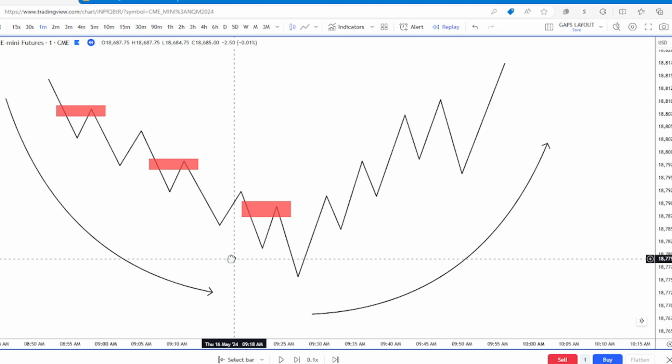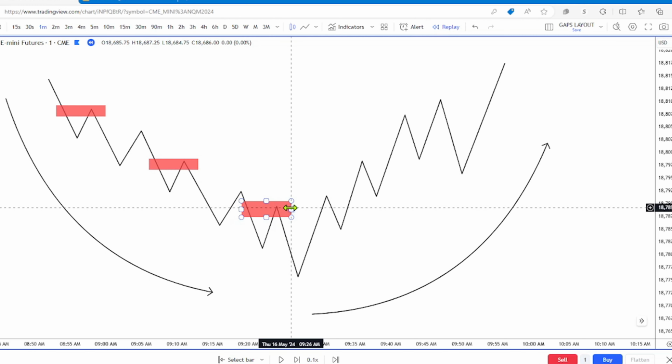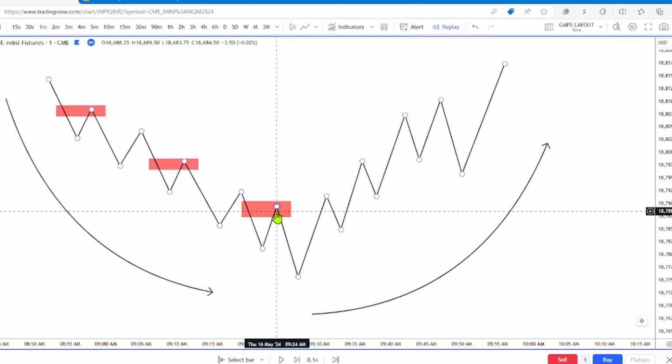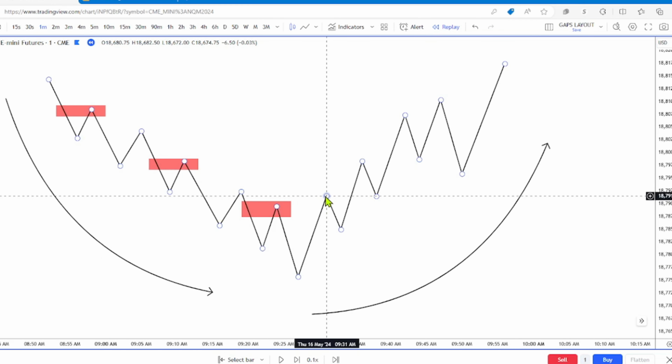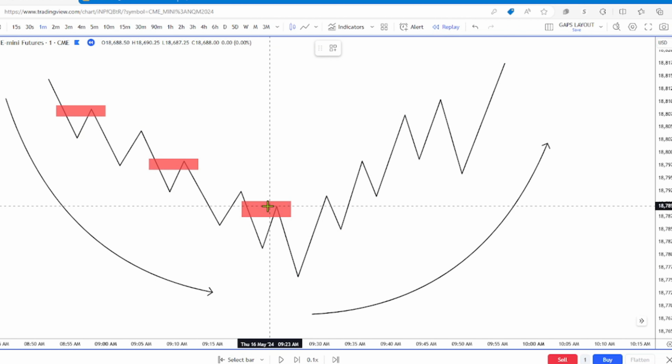Now, the second that the last bearish PD array in this downtrend gets broken with the candle body closing above, we then have a change in the state of delivery.